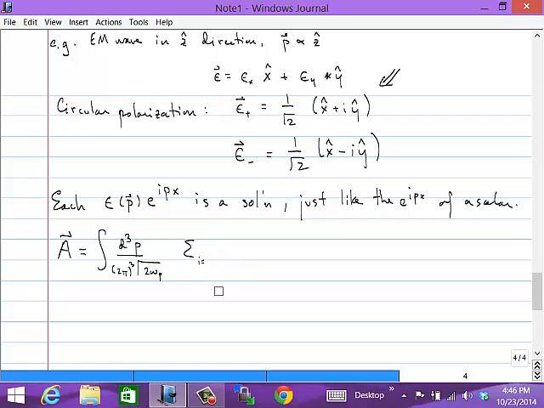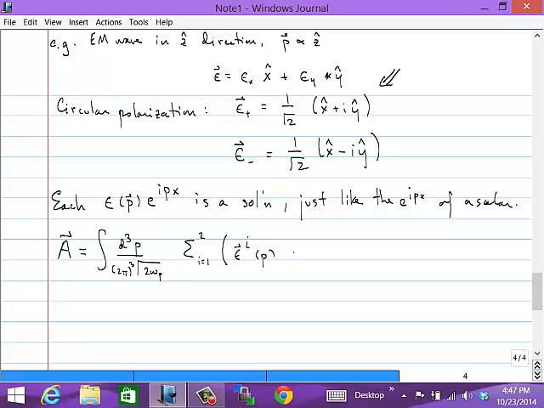So we just choose our favorite basis of polarization vectors. There'll be two of them because there are two polarizations for an electromagnetic wave. So I'll call them epsilon 1 and epsilon 2 and label them by an index i.